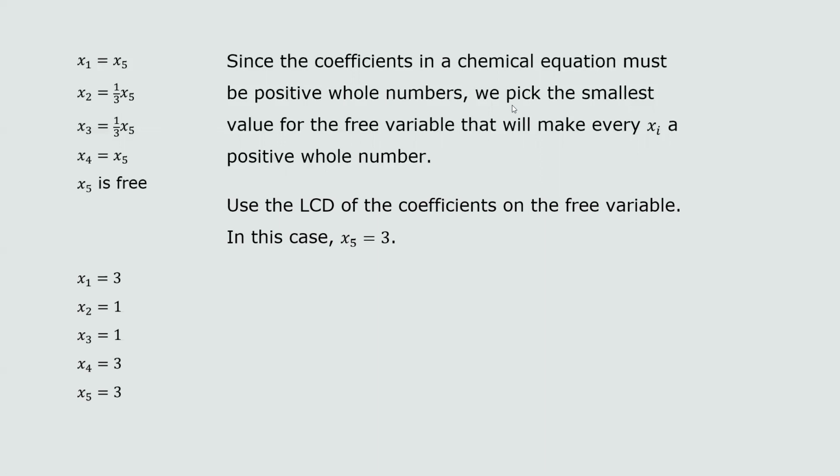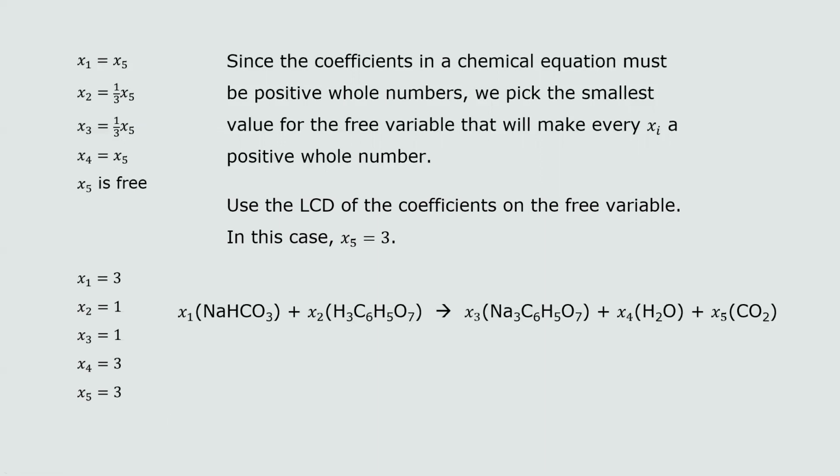So I put in x5 equals 3, and I'm going to get 3, 1, 1, 3, 3. So those are my coefficients. And our goal was to balance this chemical equation, the Alka-Seltzer dissolving.